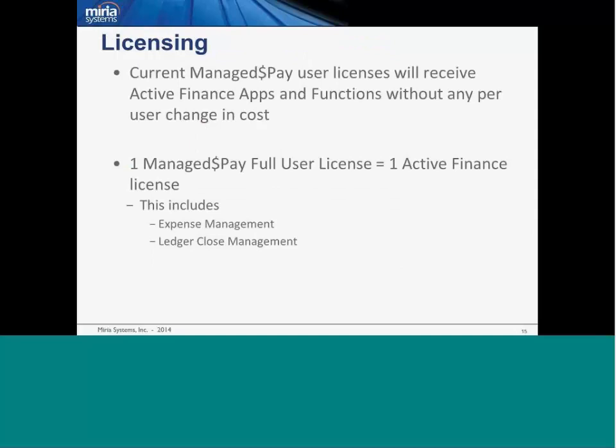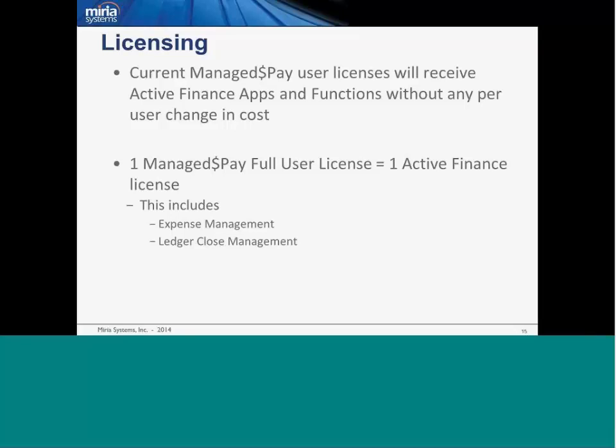So maybe some of the most important thing is the licensing. The way we've structured ActivePay version 6 is that it's a one-to-one. If you already have per-user licenses for ManagedPay, then it translates on a one-to-one basis. There's no licensing uplift cost for you to get this additional functionality for the existing users.